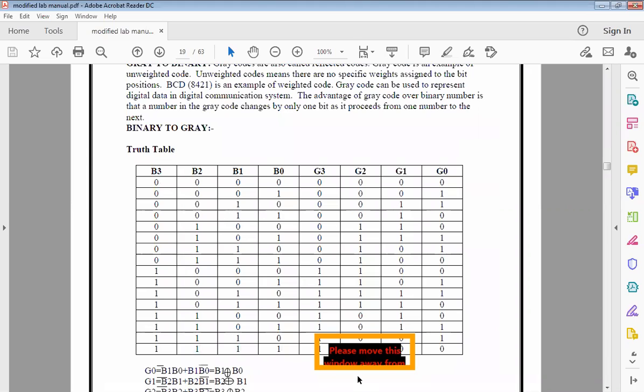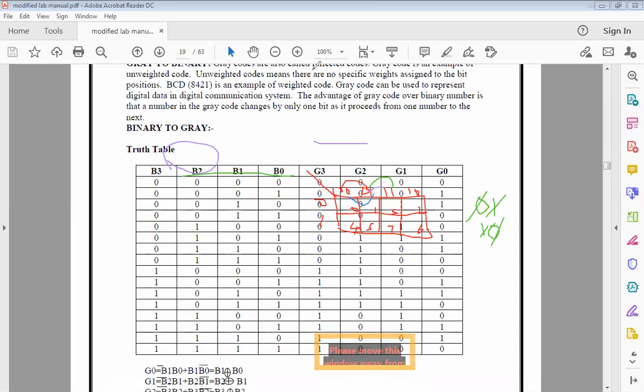When I say K-map, the numbering goes like this: 0, 1, 3, 2, and then 6, then 7, 5, 4.